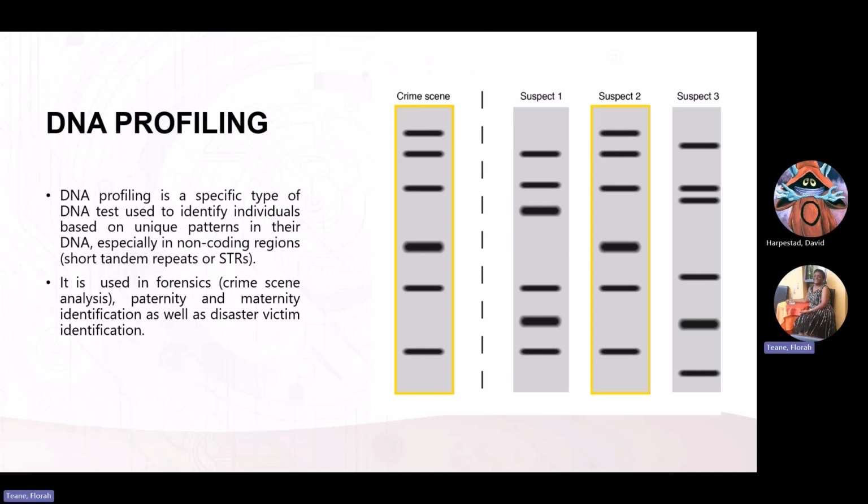So DNA profiling is very much important. And sometimes we find people, especially young boys, saying they are not the one that got a woman pregnant. And DNA profiling can also help to determine whether the boy or the man is the father to this child.